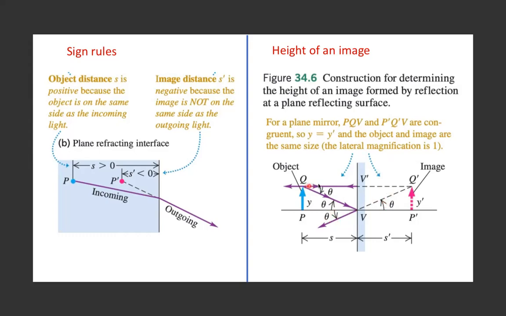And this guy is a straight line, so it's evident here that no matter what the position of the image is, we know that S prime is equal to S from what we did before. So this height here, Y prime, which is the size of the image, is equal to Y. So both images are the same.